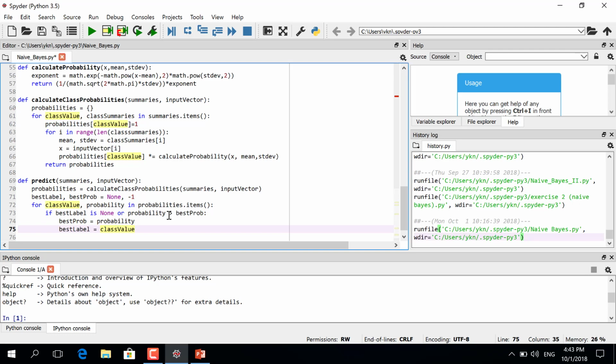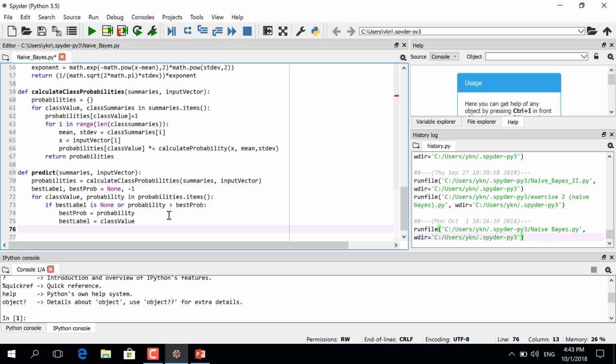By using that value, you can categorize whether the level in the class value is +1 or -1. After we make the prediction, we return the best level.